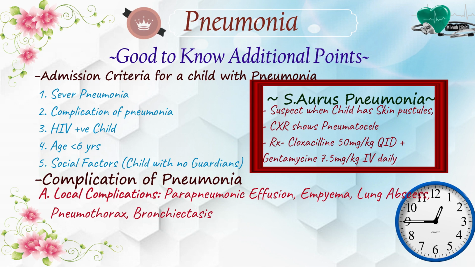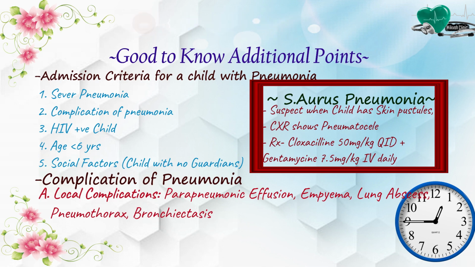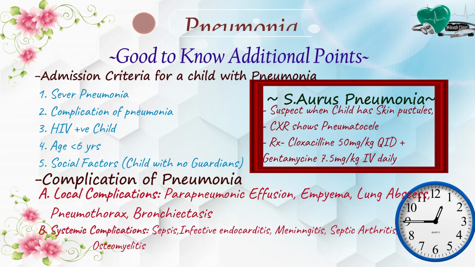So these are some of the local complications of pneumonia, and the systemic complications are septic infections, starting with the blood infection causing sepsis, or infection of the heart causing infective endocarditis, the kidney, pyelonephritis, the joint, septic arthritis, the bone, osteomyelitis, the central nervous system, meningitis. So all these systemic complications can occur due to pneumonia.